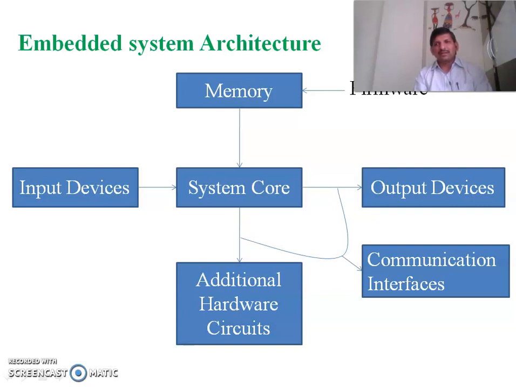Similarly, off-board communications are again serial and parallel. In serial, wired and wireless. The wired communications are RS-232 cable, RS-485 cable, USB cable, Ethernet, IEEE 1394 cable, or CAN, controller area network, and LIN, local interconnect network.